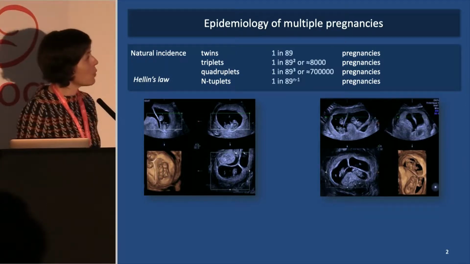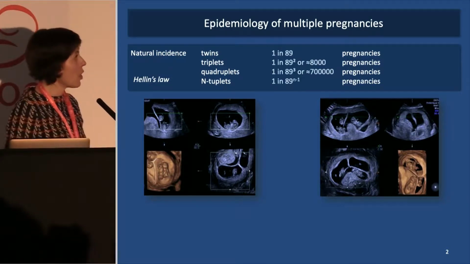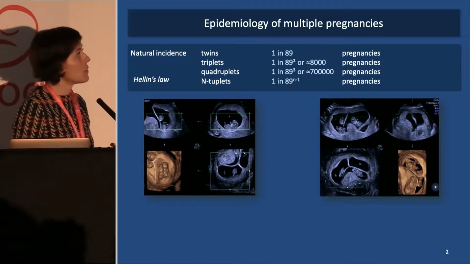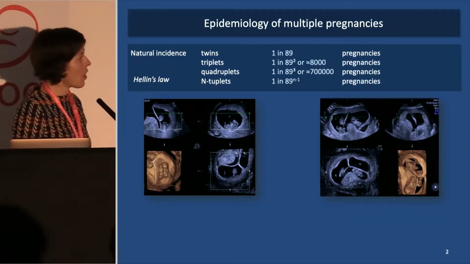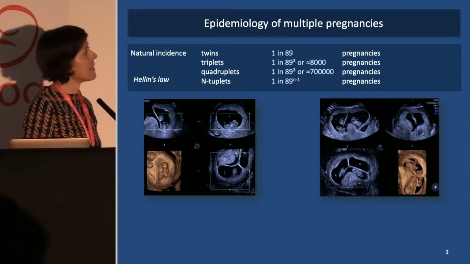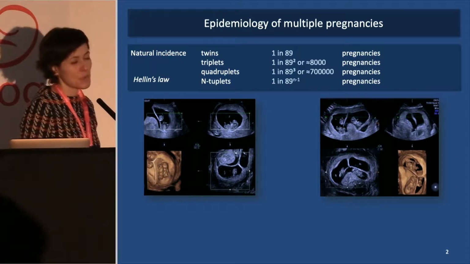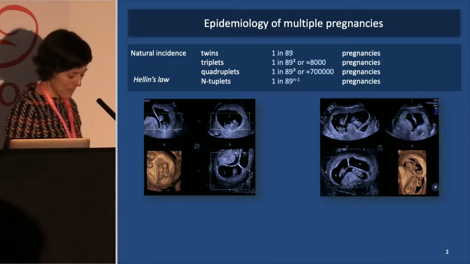Twins we expect in 1 in 89 pregnancies, and then triplets you can calculate by 1 in 89 to the second power, so about 1 in 8,000 pregnancies are expected to be triplets, and then quadruplets, it's 1 in 89 to the third power, so one expects them in about 700,000 pregnancies.